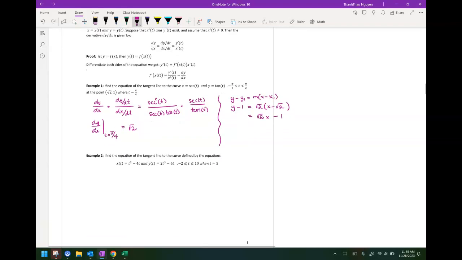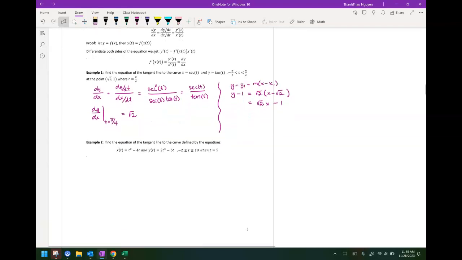Find the equation of the tangent line to the curve defined by x equal to t squared minus 4t and y equal to 2t cubed minus 6t, for t between negative 2 and 10, at t equal to 5. Okay.